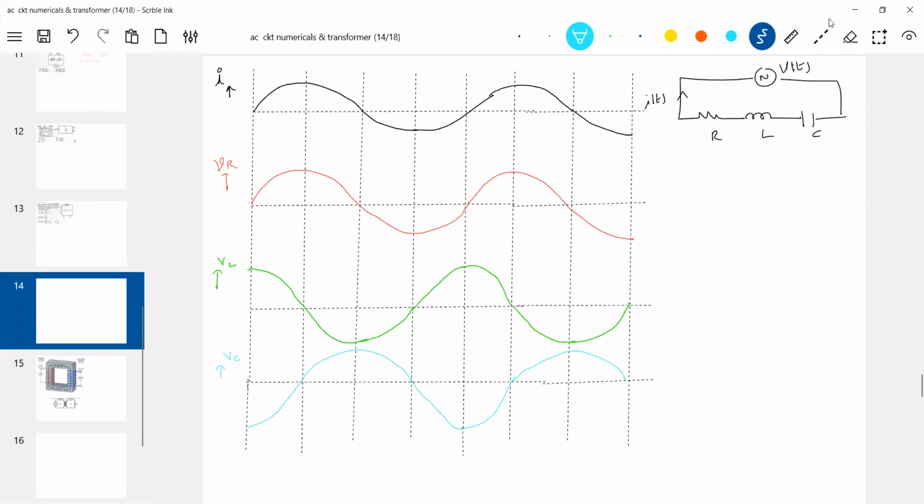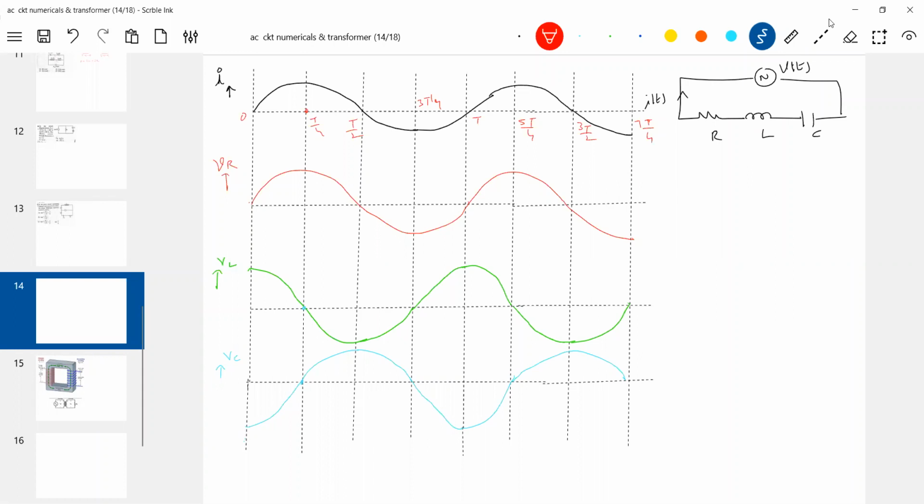So one basic idea. What is one basic idea? Look at this. Now what should be the time? 0, T by 4, T by 2, 3T by 4, T, 5T by 4, 3T by 2. This will be 7T by 4.